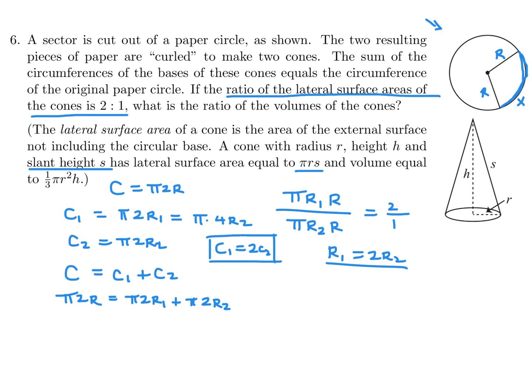So if this is C1 right here, instead of X, I probably should have just called it C1. Or actually, no, that smaller one I've called C2, and the bigger one, let me use a different color, is this guy here. That is C1, and C1 is equal to 2 times C2.